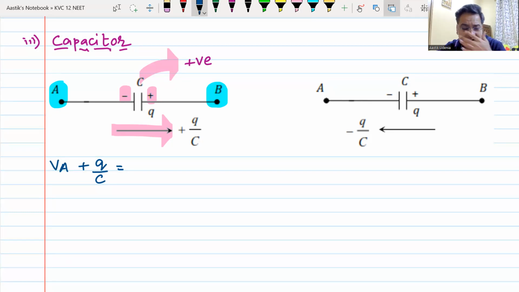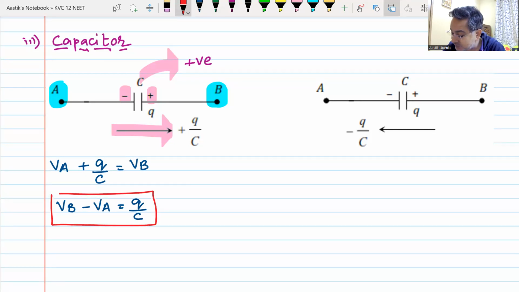That is the only equation we have seen. So V is equal to Q by C. So from here I can get VB minus VA is equal to Q by C. Do we understand this, or has this gone above our head saying bye bye? Understood, sir.